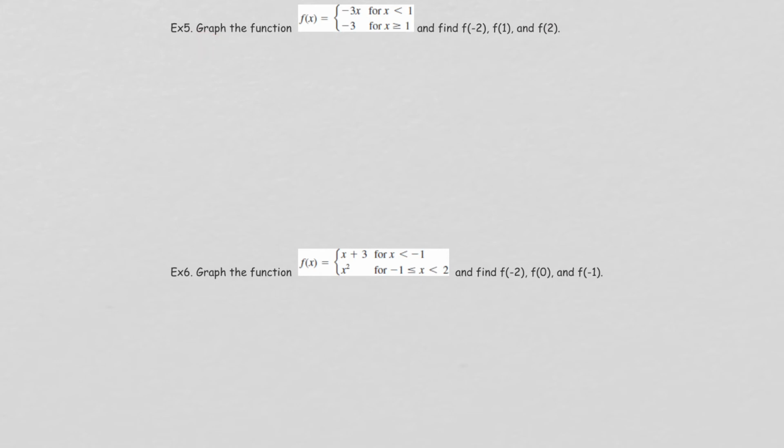In order to graph, you need to look at your domain first. So here it says when x is smaller than 1, your graph is going to fall into the function of -3x. When x is greater than 1, it will fall into -3.